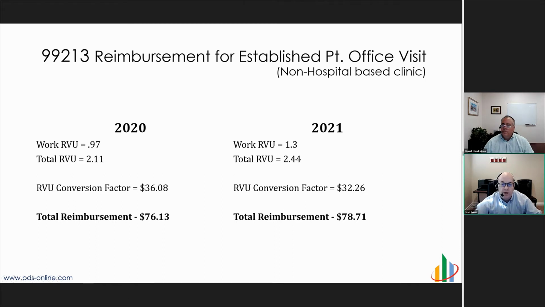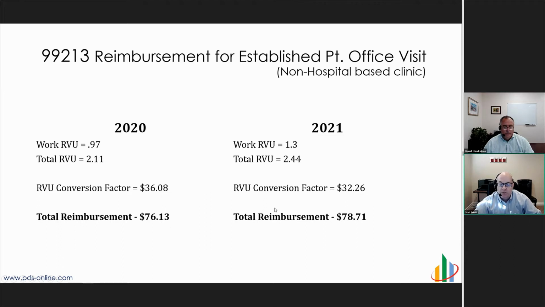So let's take, for example, a 99213, which is basically a middle level established patient office visit. In 2020, the work RVU for that was a 0.97, and the total RVU was a 2.11. And when you multiply that out by the conversion factor of 36.08, that gave you a reimbursement for that code of about $76.13.